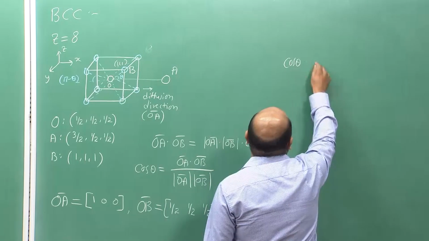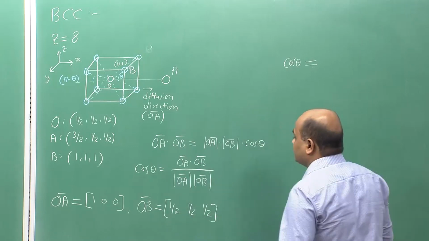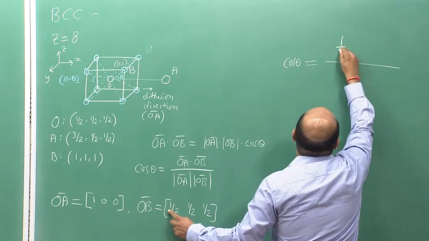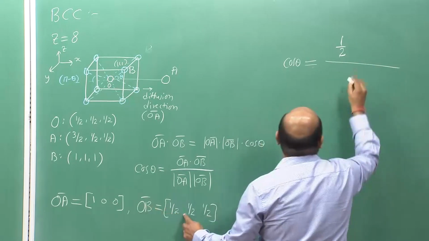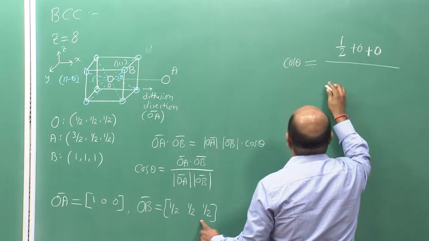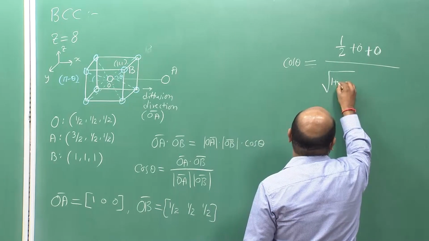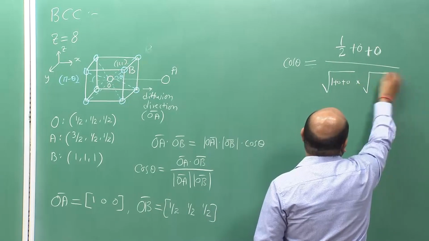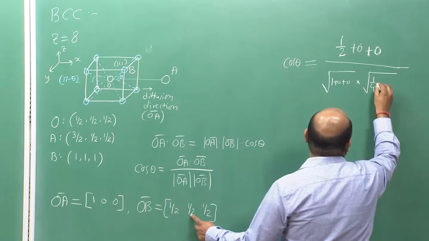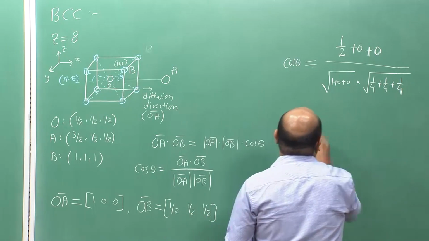So, my cos theta will be the dot product of (1, 0, 0) and (half, half, half), which would be 1 times half plus 0 plus 0 times half, divided by the magnitude of OA bar, which would be square root of 1 plus 0, times the magnitude of OB bar, which is square root of half squared 1/4 plus half squared 1/4 plus half squared 1/4.